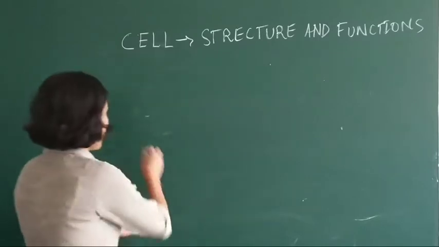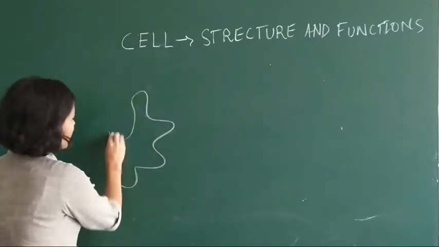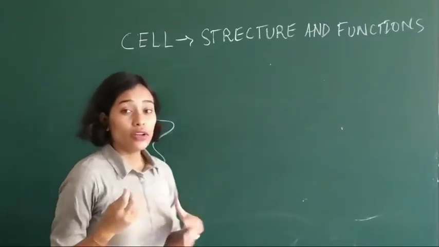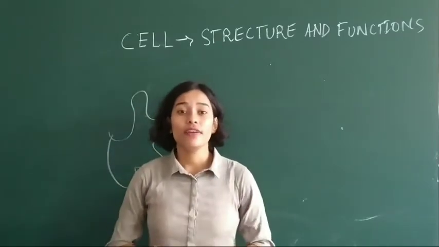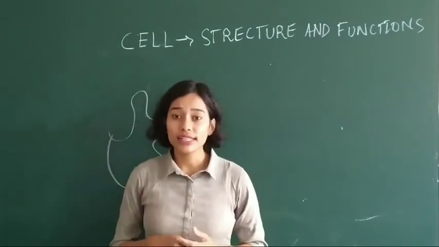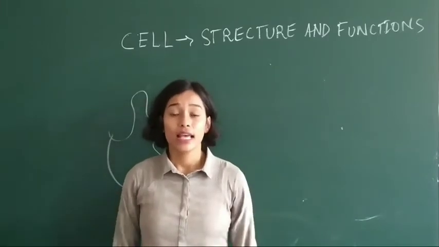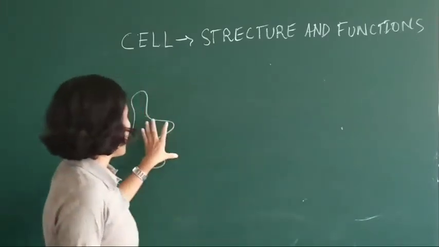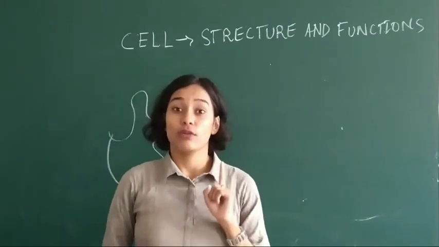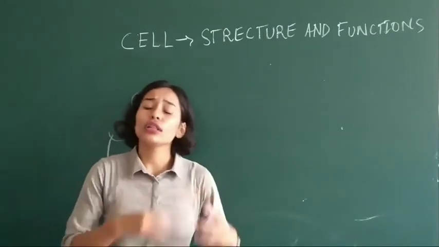They don't have any structured organs like we humans do. We have eyes, nose, ears, hands, legs to move. But this amoeba is made up of only one cell, and still it can carry out all the functions.